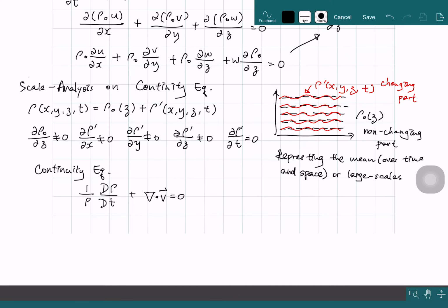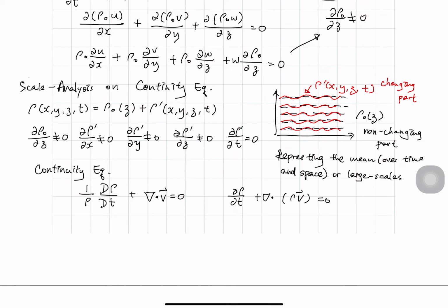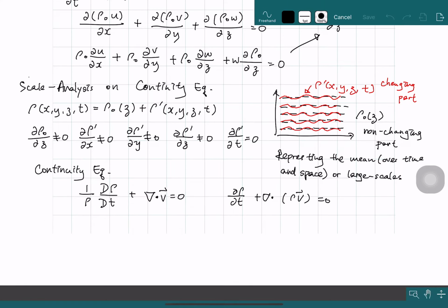Okay, so this is the same expression as the continuity equation, which is the same as this one, okay? Last time we talked about how we can interchange these two. Okay, it's exactly the same thing. And then what we want to do is that we want to put rho naught plus rho pi in all the terms here. Substitute this into the equation.